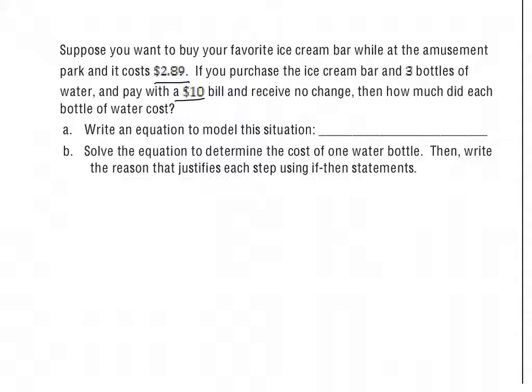We paid $2.89 plus 3 times however much the water costs. You should be able to write that as an equation. In terms of giving you hints on how to solve this one, I shouldn't really need to. Just be very careful with your decimal locations as you're adding and subtracting values and multiplying and dividing values.